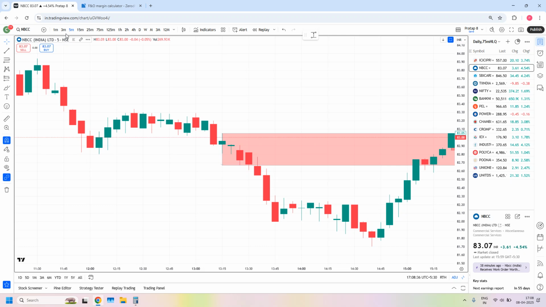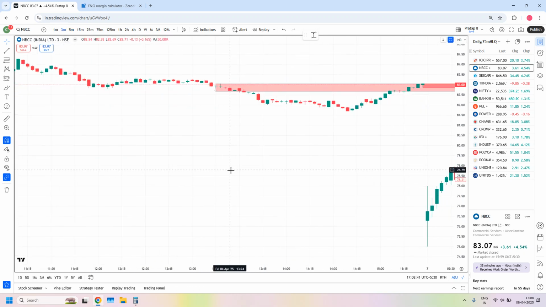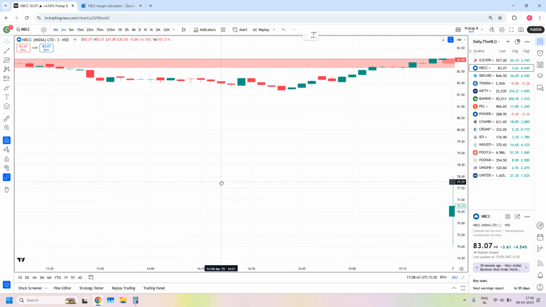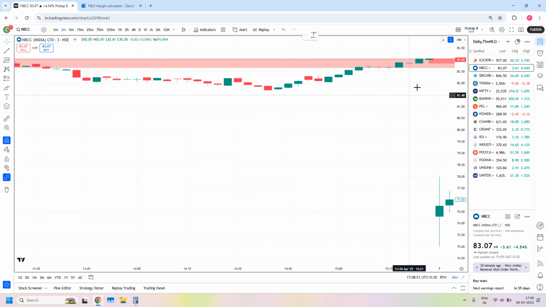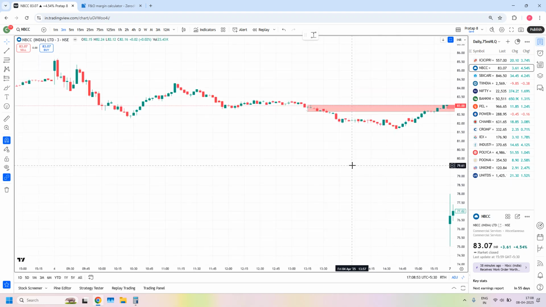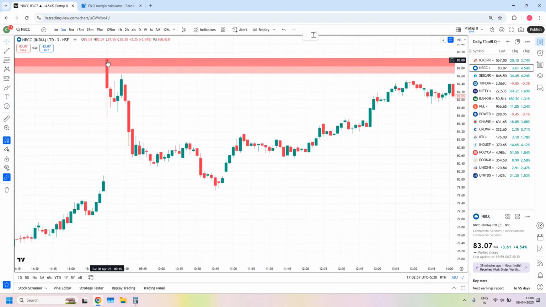I went to the 3 minutes time frame because 5 minutes is not really clear to me. In 3 minutes: rally, base, drop, medium size candle, rally, medium size candle, base, and then a drop candle. See, today it came down exactly from the fine-tuned area.